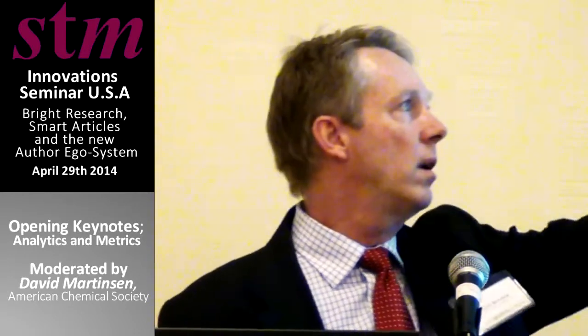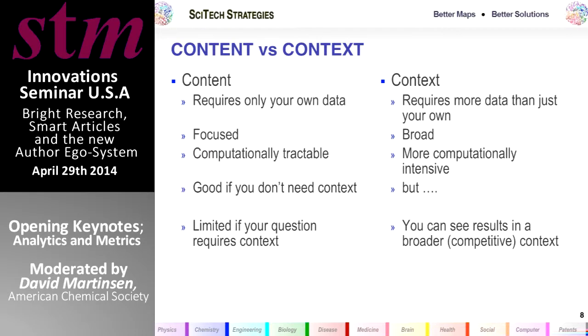But if you want to place that within the context of what's going on in the world, then it requires more data than just the data that you have. Perhaps the baseball analogy would be, you can look at what's going on for one team, but if you want to understand the context of what's happening in baseball as a whole, you need all of the years and all of the teams. A content-based map is very focused, and it can give you answers to focused questions.